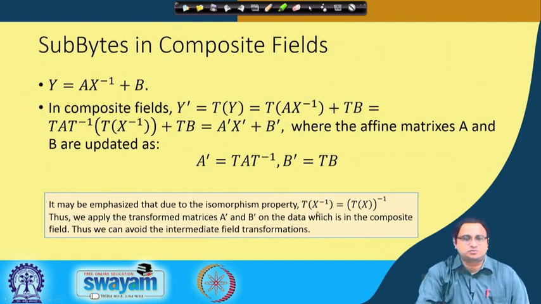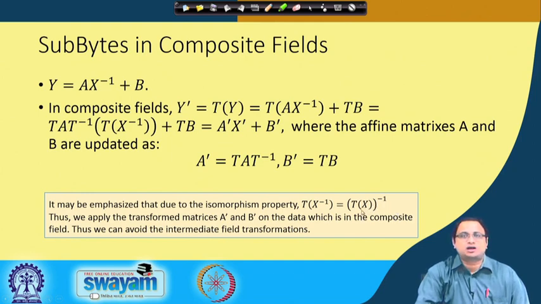Because of the isomorphism property, one can calculate x^-1 in the original field and then transform it into the composite field by applying T, or one can also convert x directly into the composite field and then take its inverse. Therefore, this is an identity because of the isomorphism property. That implies that I can substitute T x^-1 as (T x)^-1. So, that means what?